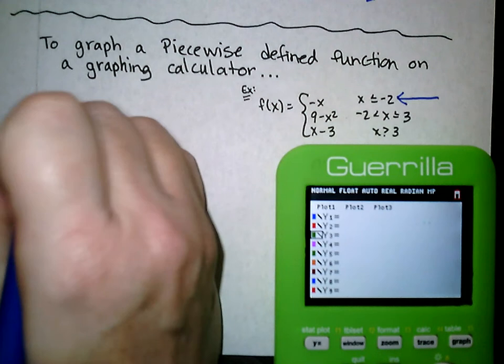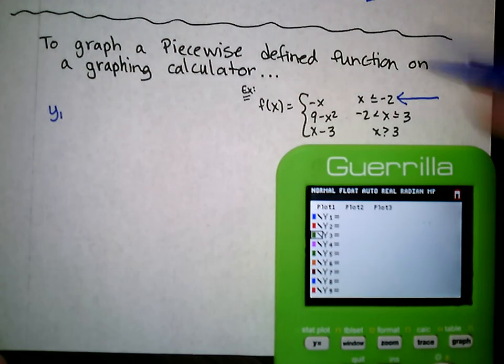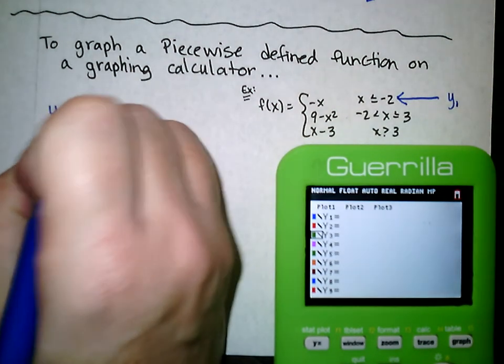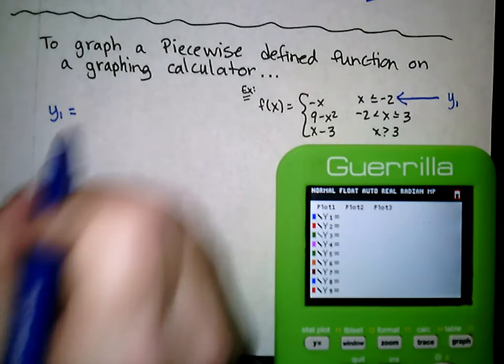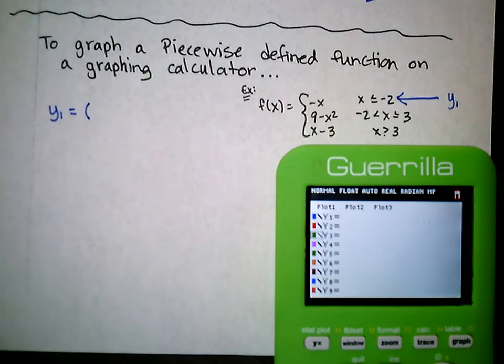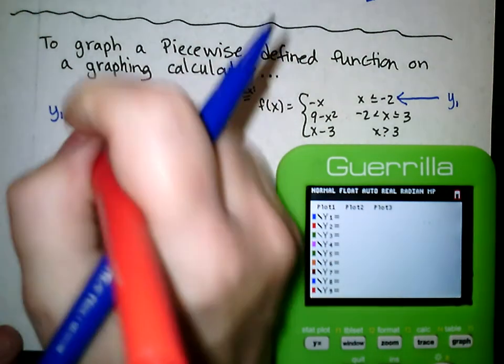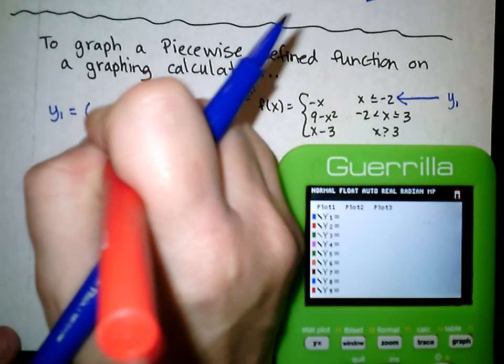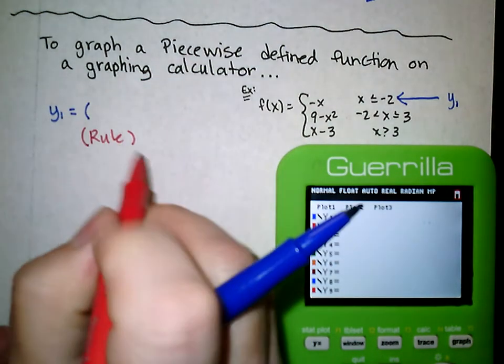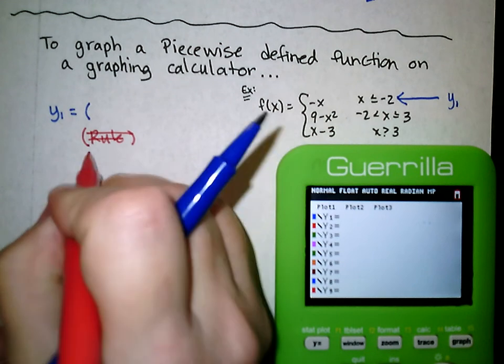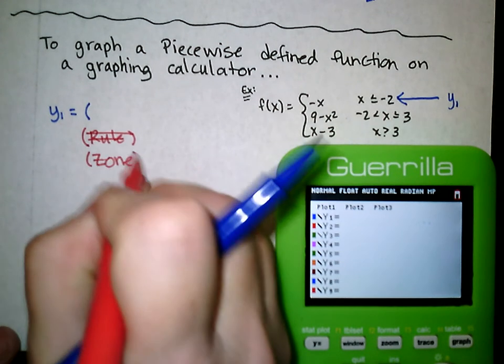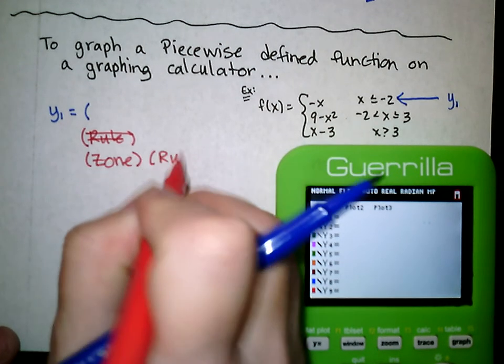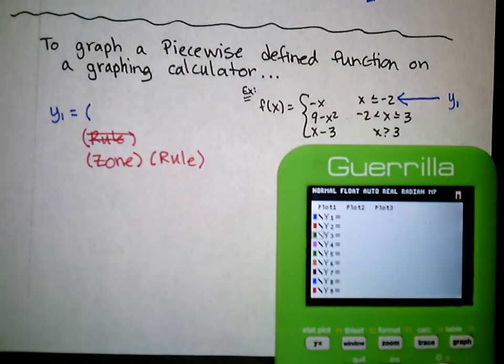So y1, I am going to put y1 equals, and what I have to do first is give my zone in my first parenthesis and then my rule in my second parenthesis.